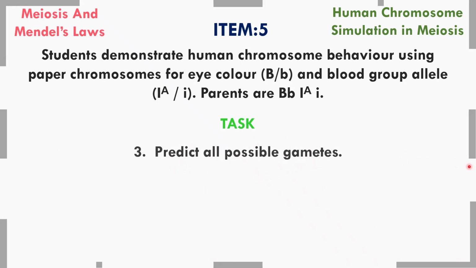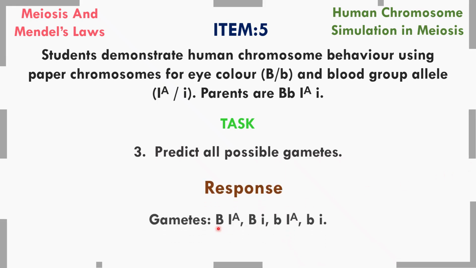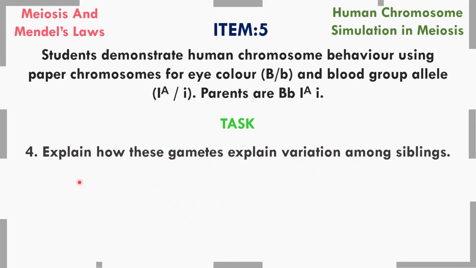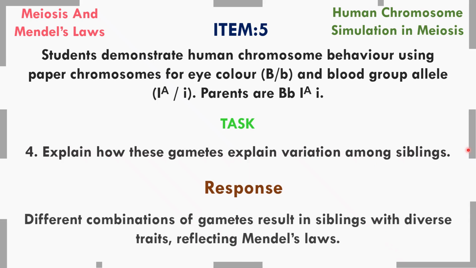The gametes are B IA, B i, b IA, b i. Different combinations of gametes result in siblings with diverse traits, reflecting Mendel's laws.